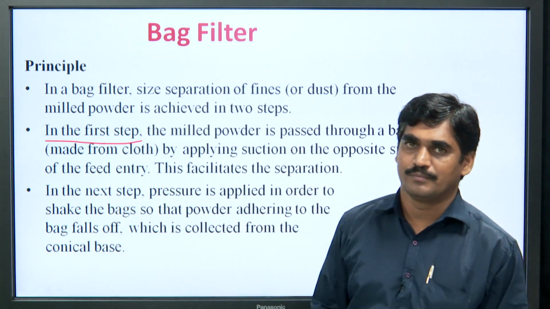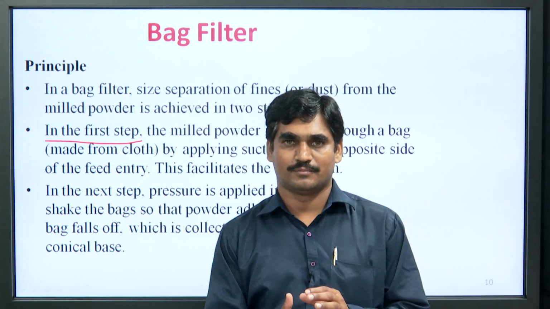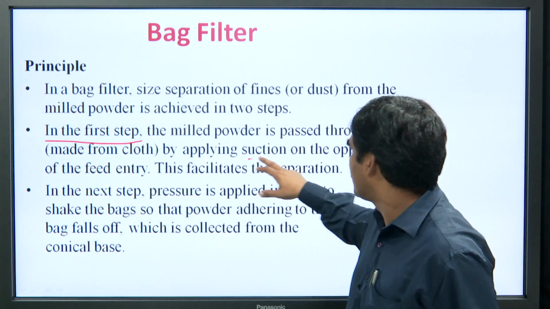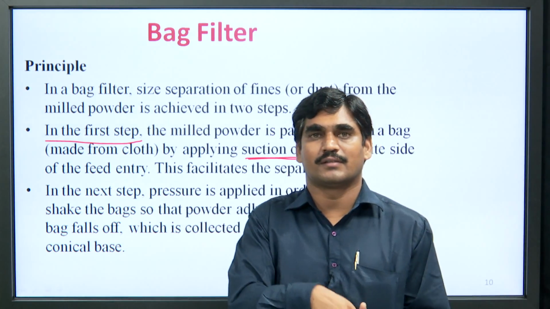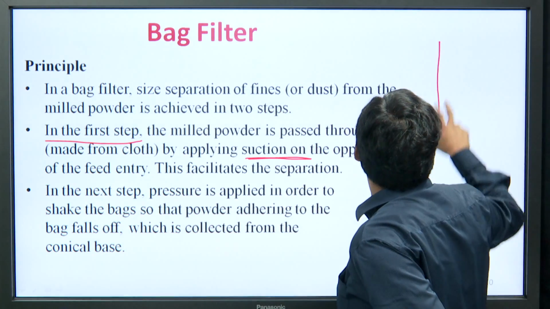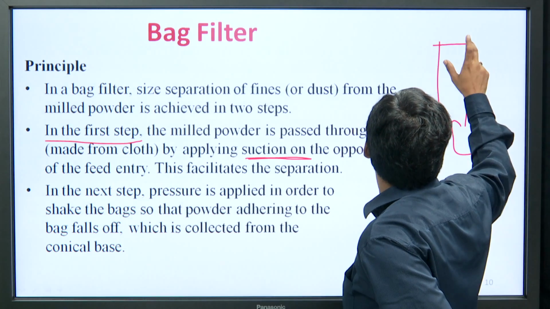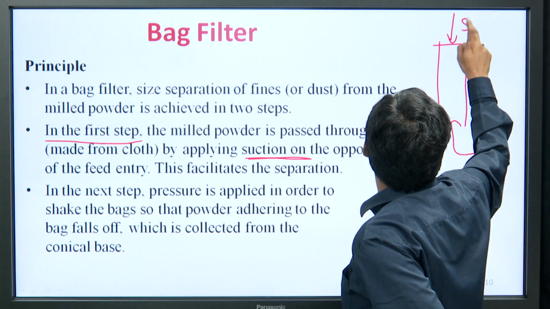In the first step, the milled powder is passed through a bag made of cloth by applying suction on the opposite side of feed entry. Suppose this is the bag and feed is entering from the bottom side. So, we have to apply suction from the top position.